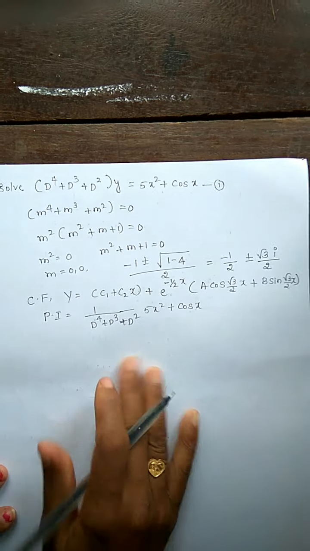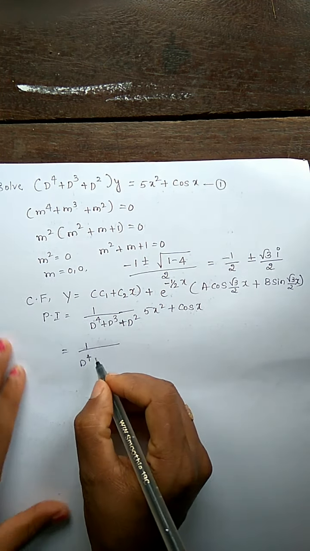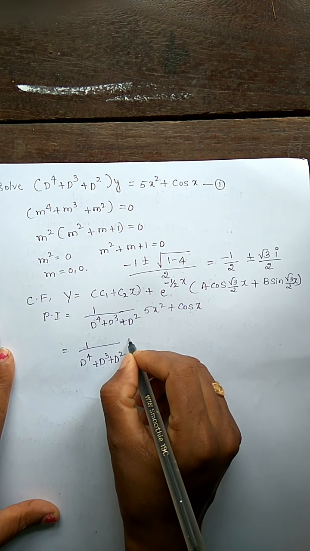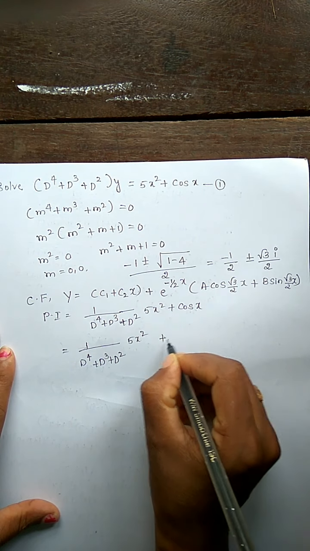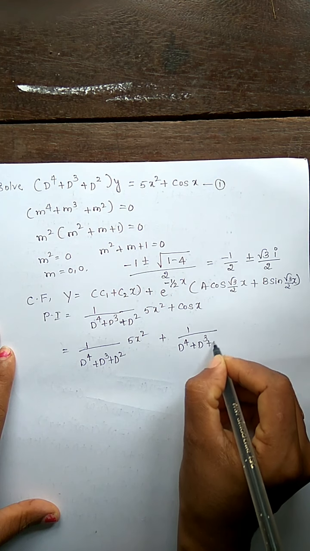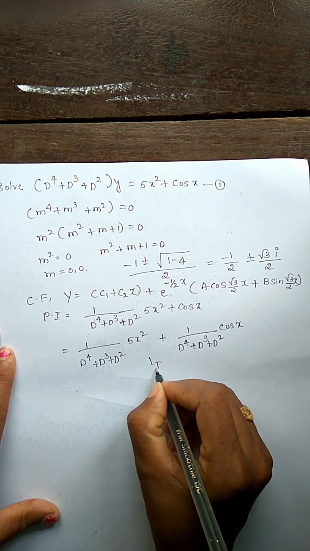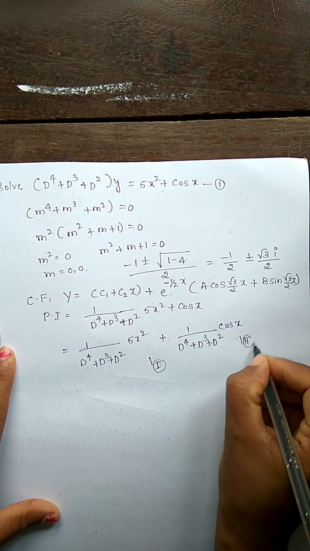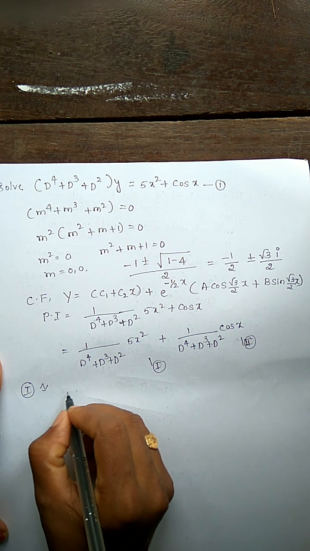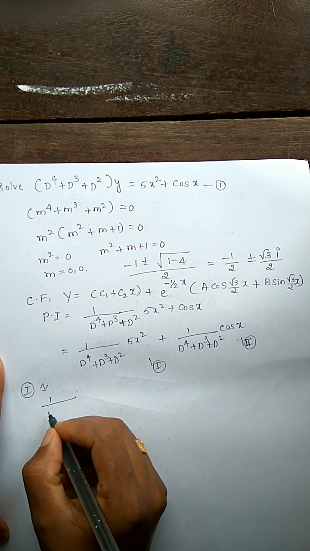This can be written as, first part I will consider 1 by D power 4 plus D cube plus D square into 5x square, plus 1 by D power 4 plus D power 3 plus D square into cos x. I will consider this as 1, this as 2. So first we shall simplify the first one. So consider first 1 by D power 4, D power 3 plus D power 2.